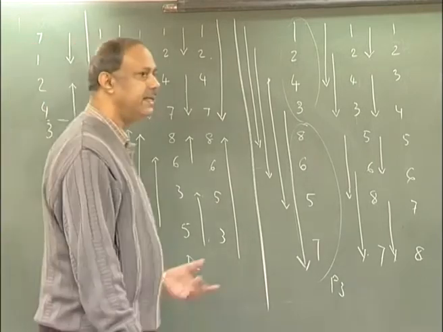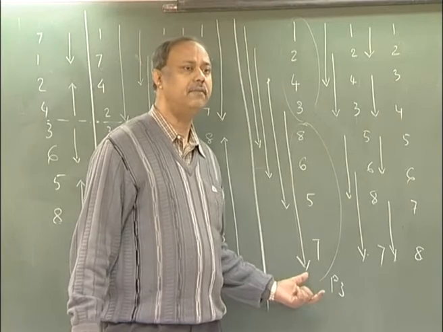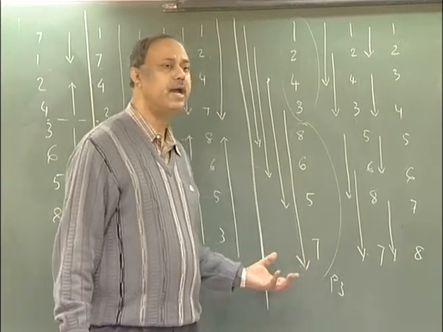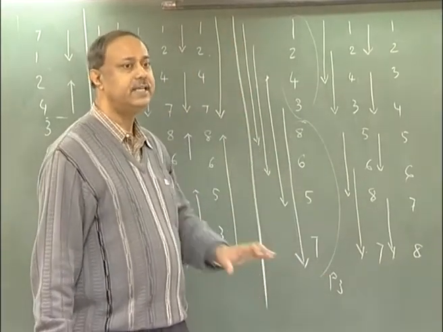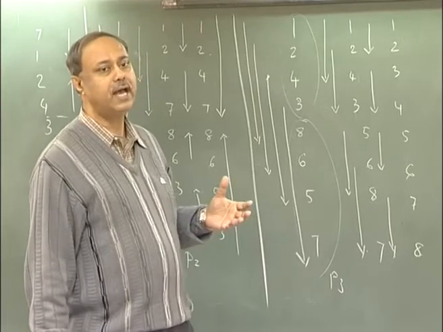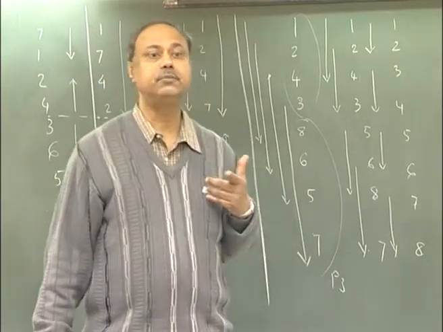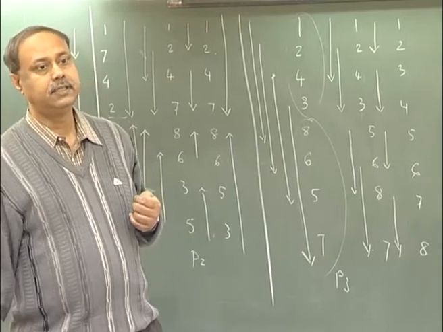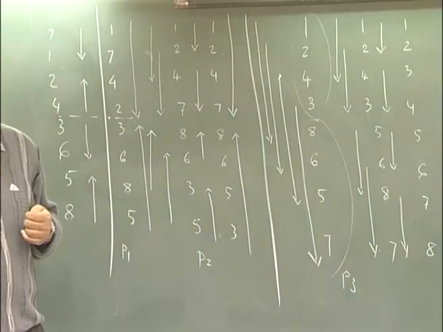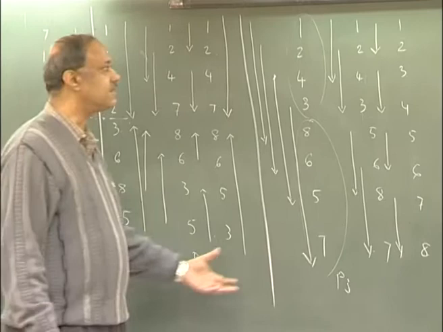And at the ith phase, there are several bitonic sequences, each of size 2 to the power i. There are log n phases.